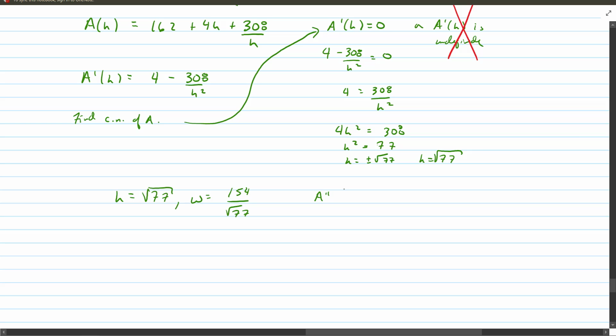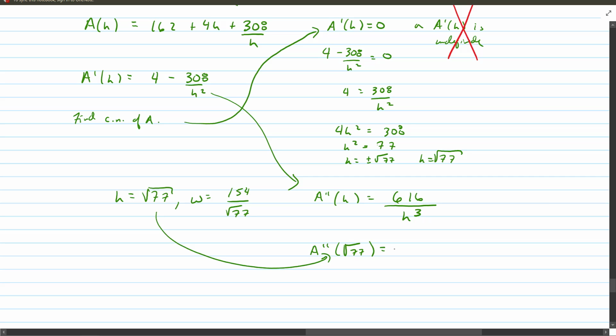So taking the second derivative of our function, the second derivative of A, let's see, I'm looking at this function here, would be a positive 616 over h cubed. Double check me on that, but I think I'm okay. And anyway, if we were to plug in our square root of 77, that critical number, into the second derivative, we would get something.